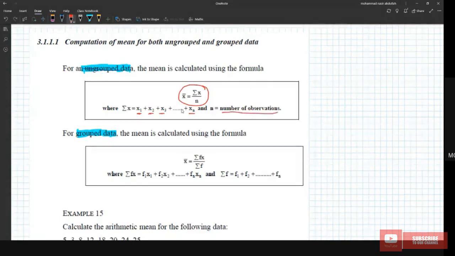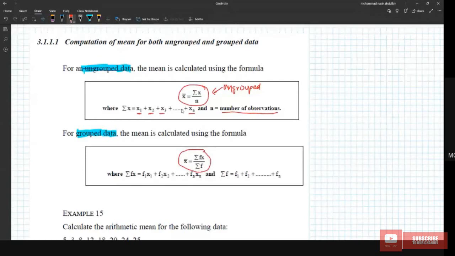So this is the formula for ungrouped data. If you have grouped data, which is a frequency table, then we calculate mean for grouped data. The formula for mean for grouped data is summation of fx divided by summation of f.